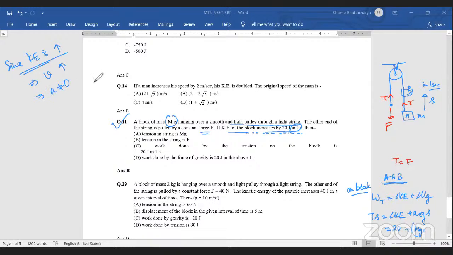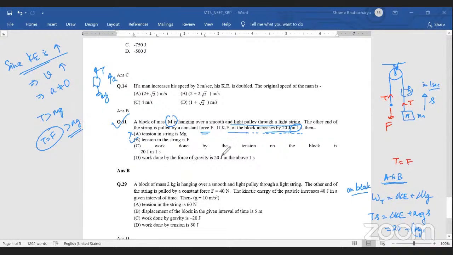So if you think of the free body diagram of the block, it is accelerating upwards. So that means T is greater than mg, and T is the same thing as F. Okay, so the option saying the tension in the string is mg will be wrong. The tension in the string is F, and that F is greater than mg. So that is the thing.